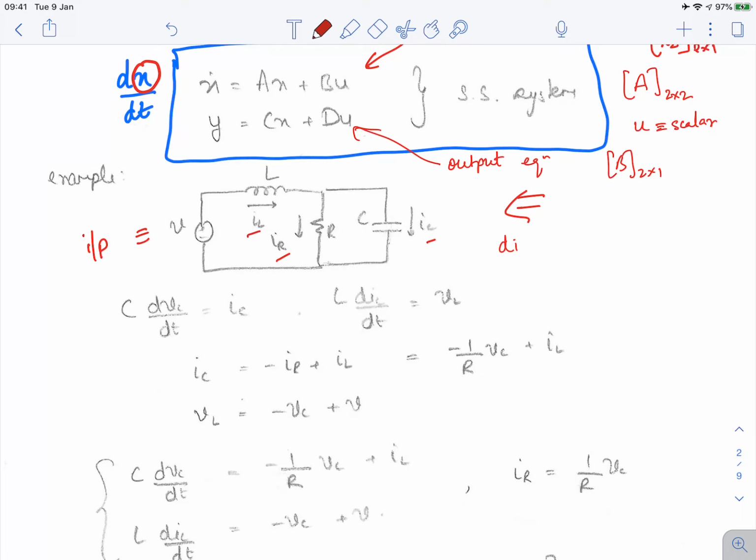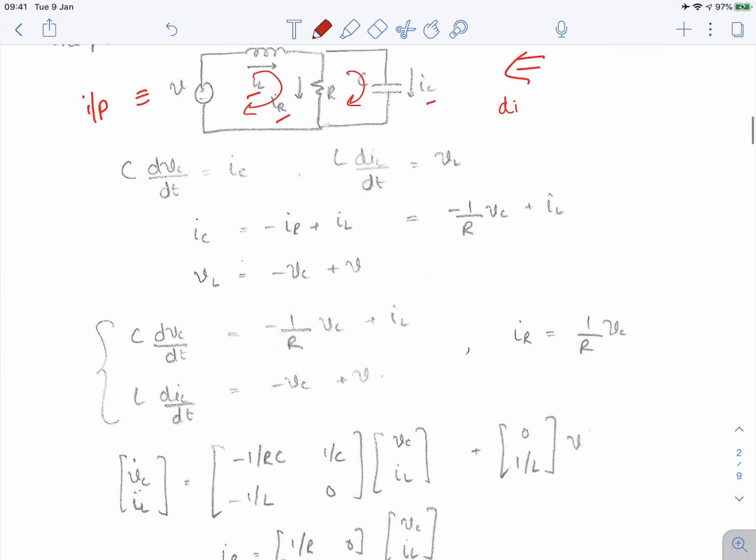So here you have two loops. First is this loop, second is this loop, and you can write the differential equation. Now from that differential equation you would see that this would be a second order differential equation. Then write the transfer function of those differential equations.